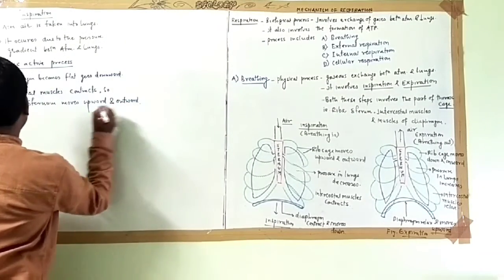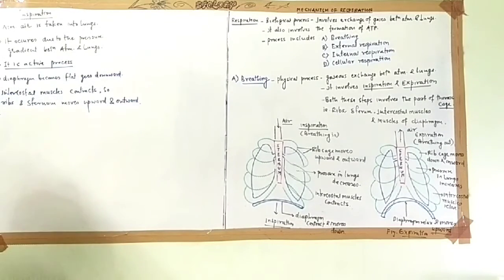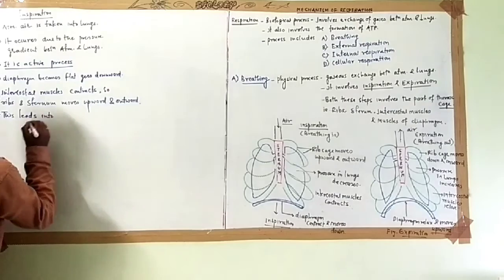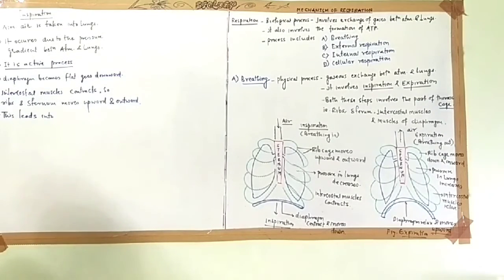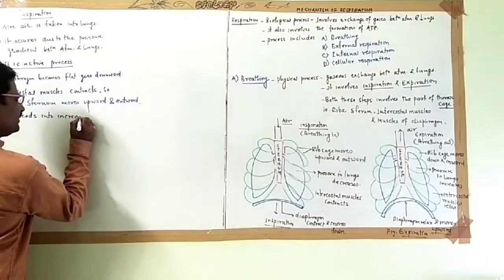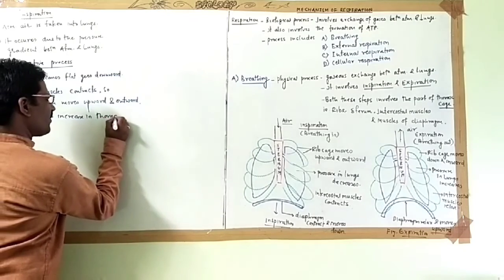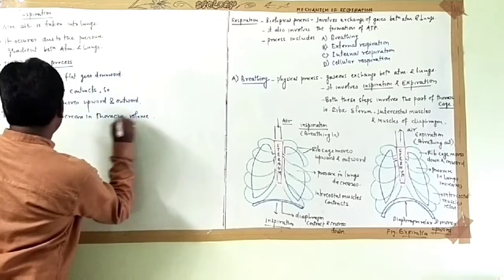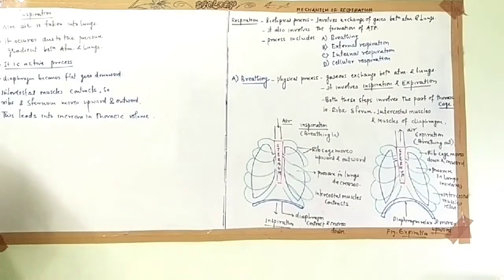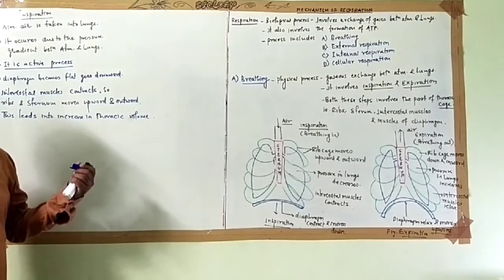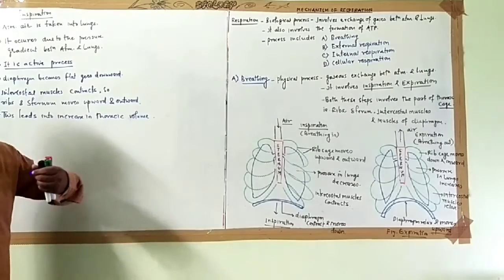Okay. Next point, that is number C. याच्यामुळे काय झालं, हवा आत गेल्यामुळे this leads to an increase in thoracic volume. कारण एअर आत गेल्यामुळे लंग्स पण टर्जिड झाले किंवा ते स्वेल झाले आणि थोरॅसिक वॉल्यूम पण वाढला.